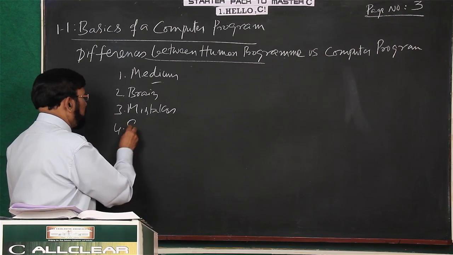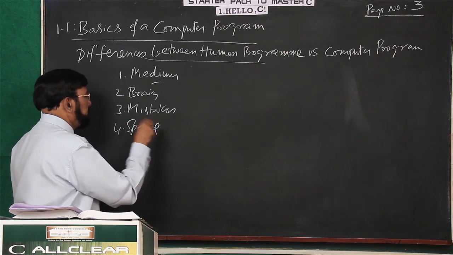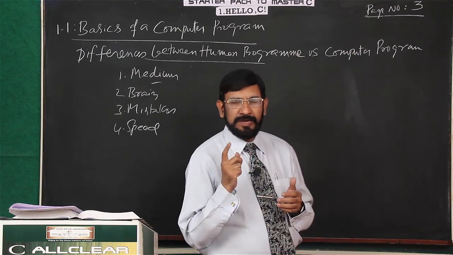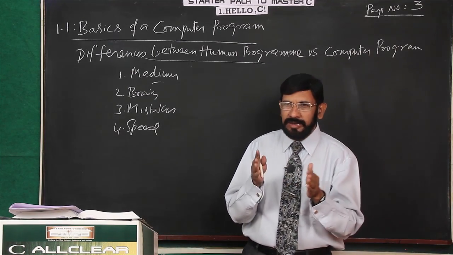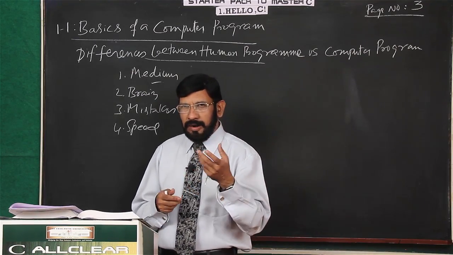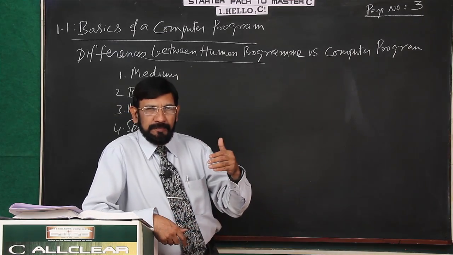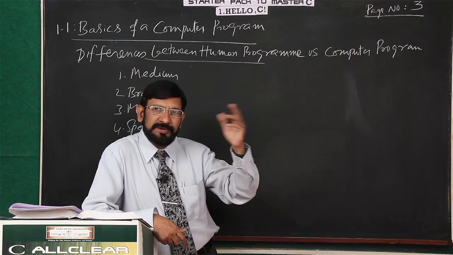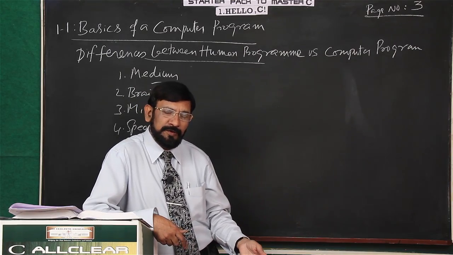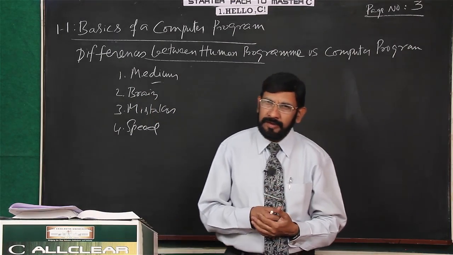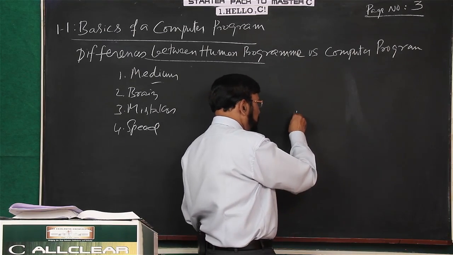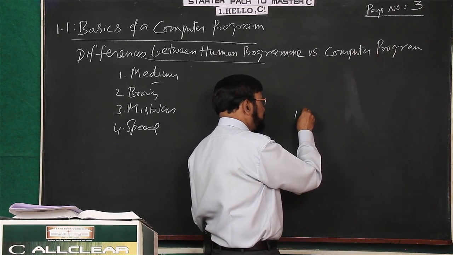Next, the positive point, speed. As far as speed is concerned, an ordinary computer can perform its computations millions of times faster than a human being. Suppose 17 into 15, you may take 4 or 5 seconds. A computer takes 1 or 2 microseconds.